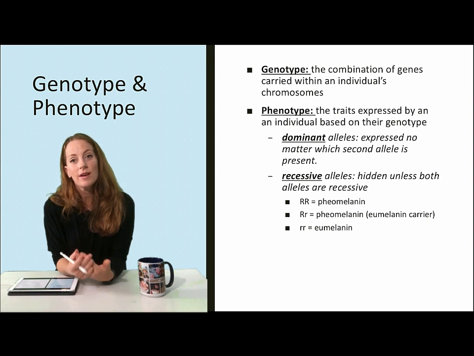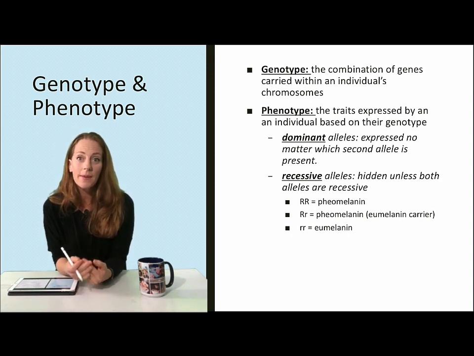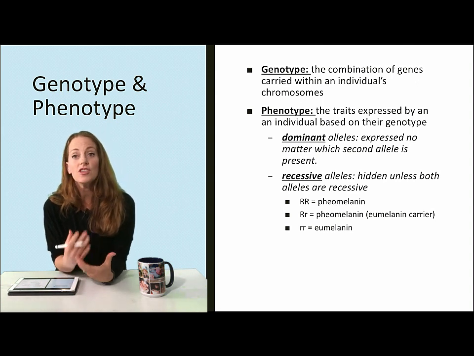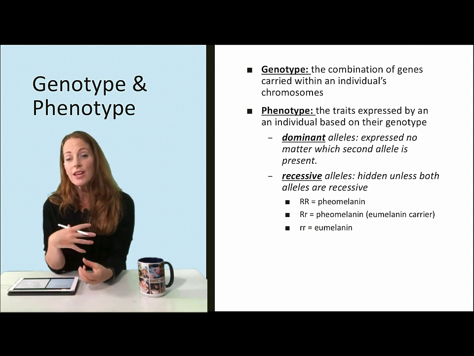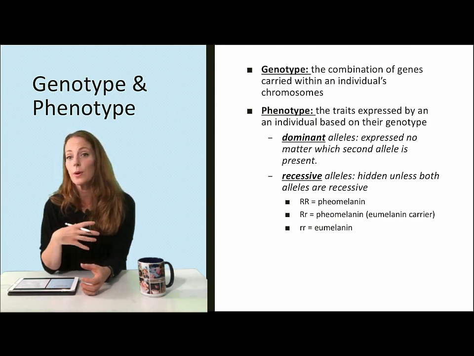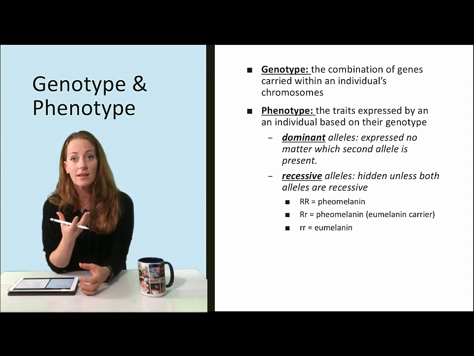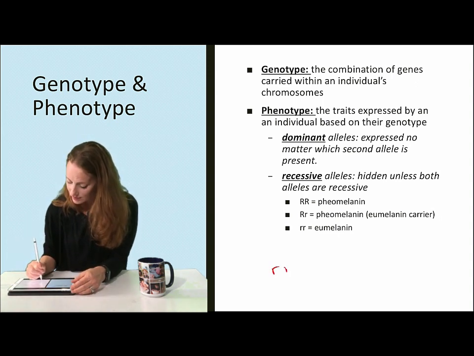Now we get to two very important terms, genotype and phenotype. Genotype is the genes that are carried within an individual. Phenotype is whether those genes are actually expressed or what it looks like. So the genotype, in my case for red hair, would be little r, little r.